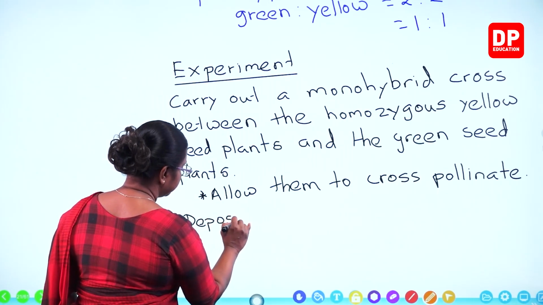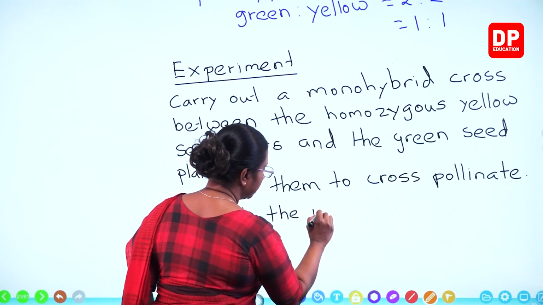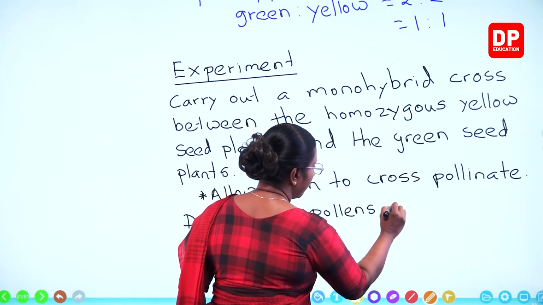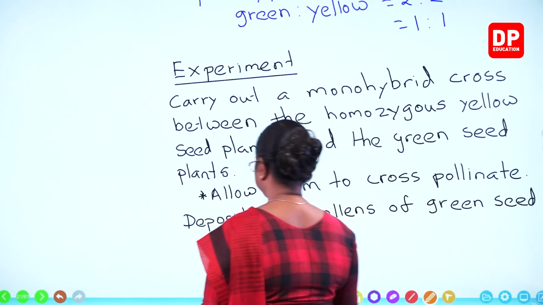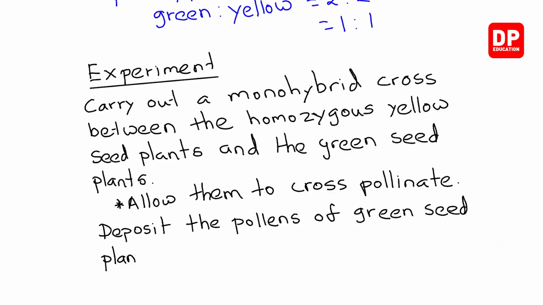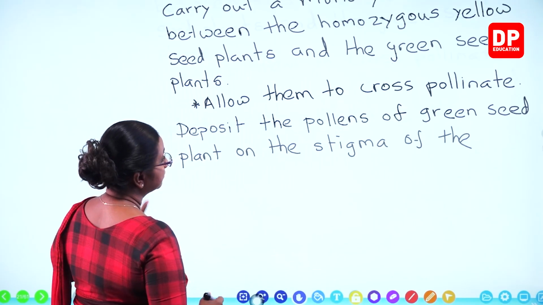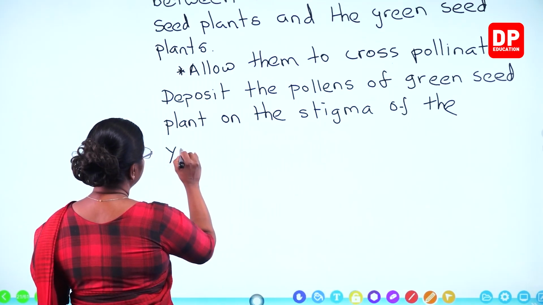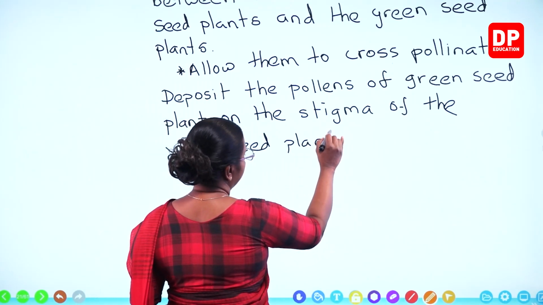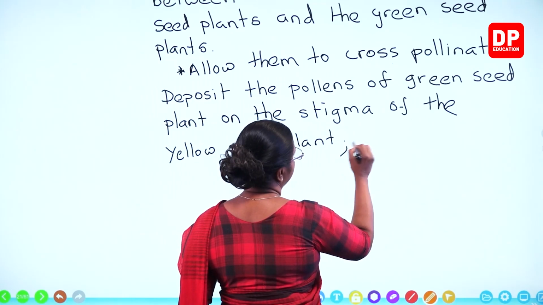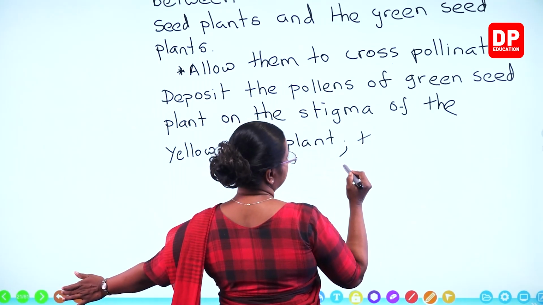Deposit the pollens of green seed plant on the stigma of the yellow seed plant, we can say.